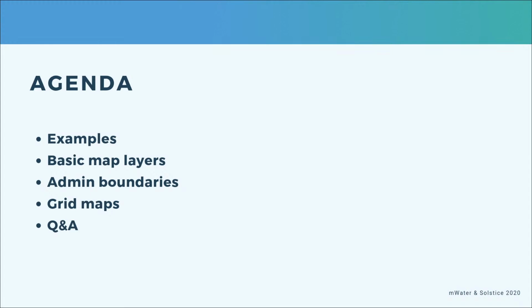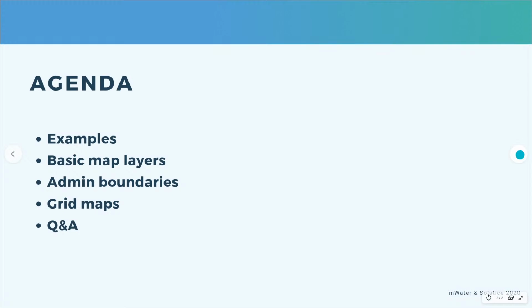We'll dive deeper and look at some of the more advanced features, such as mapping choropleth or administrative boundary data in mWater. And we will look as well at grid maps, so custom-sized grids, how to visualize your data with those, as well as population density layers and some other more nuanced things, with some space for questions and answers at the end as well.